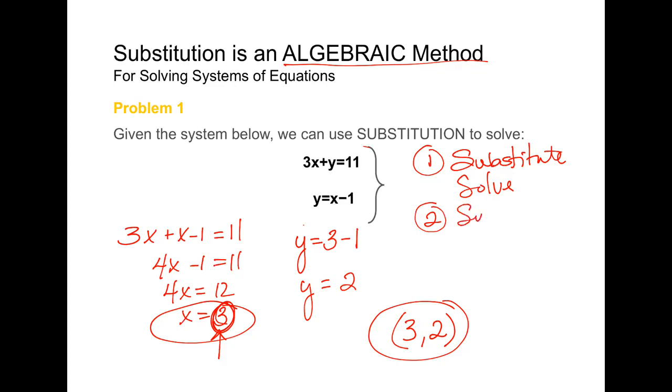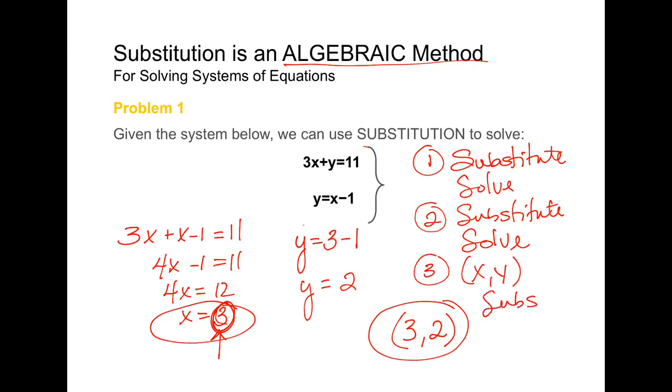We substituted that value for x into the other equation, and we solved for the other variable, for y. So that gave us an (x, y) solution point, which we then substituted back into the first equation just to double check that it was also a solution to that first equation.